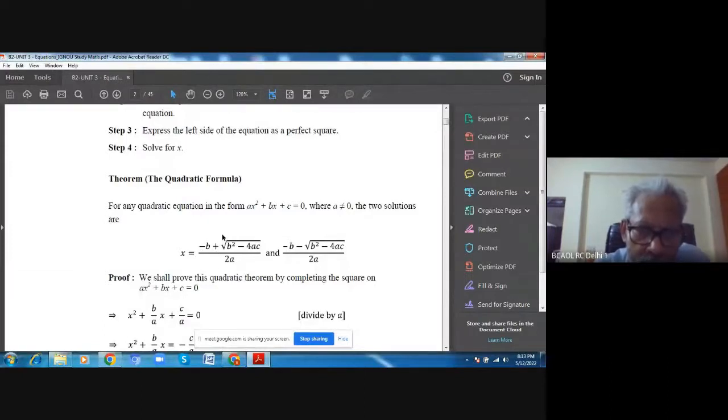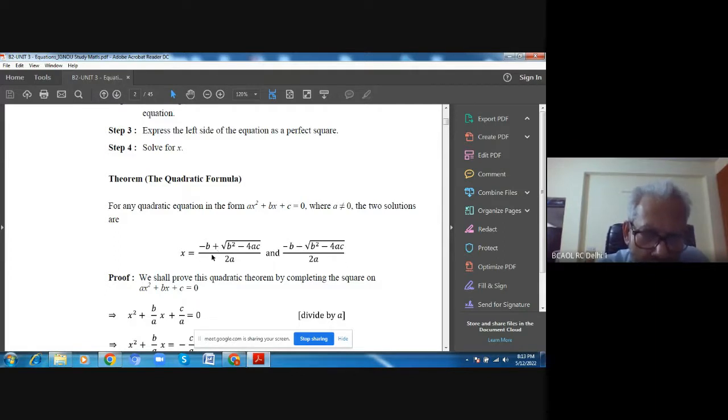The x values you can write in this way, and you can also write it. There are two, basically the roots. In this case, two solutions, one in plus, one in minus. It may be plus or minus.